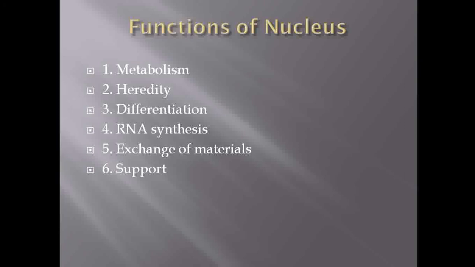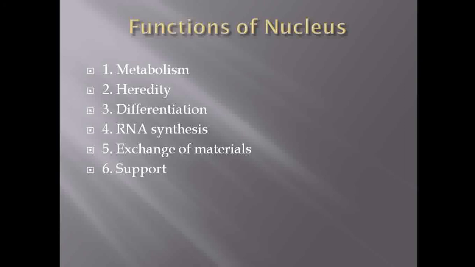Next is differentiation. It controls cell differentiation during embryonic development. The presence of nuclear enzymes such as DNA polymerase, DPN synthetase, etc. points to the fact that DNA replication and transcription occur mainly in the nucleus.